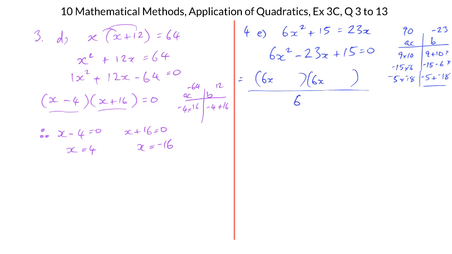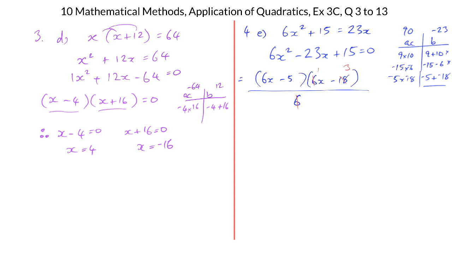Using the minus 5 and minus 18, just like we did with the monoquadratic, I'm filling it in. And now I look to say, hey, does that 6 cancel into either of them or part of that? Well, 6 goes into 6 once and into 18 3.